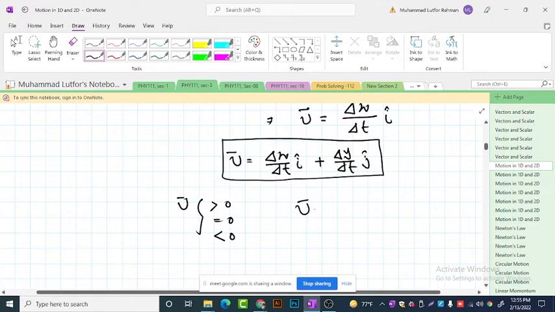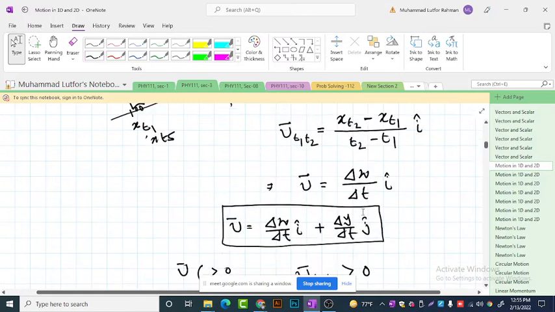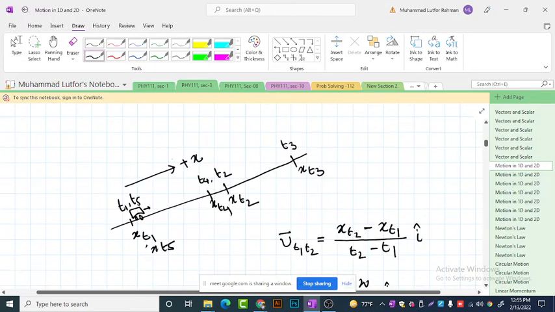For example, if I say the average velocity between times t1 and t2 will be greater than 0, that means it's a positive quantity. Why? Because I am choosing that direction as positive, so if I move from x(t1) to x(t2), the difference between the two points would be a positive number. Definitely x2 is greater than x(t1), so if you take the difference it is going to be a positive quantity.